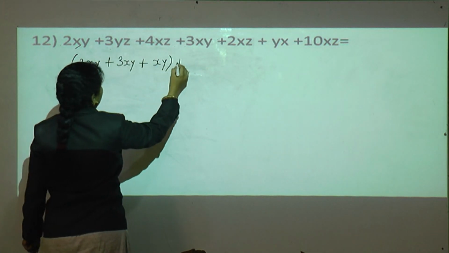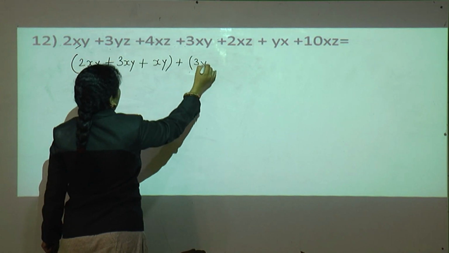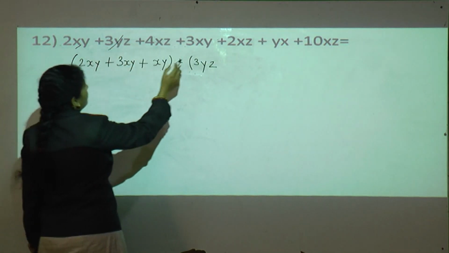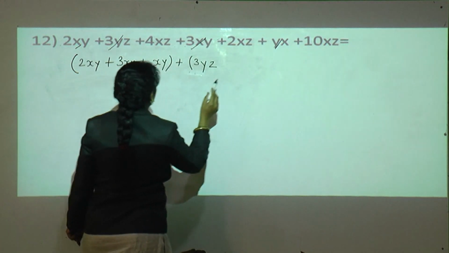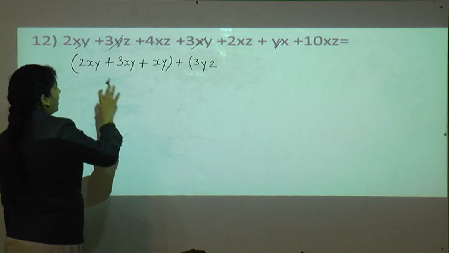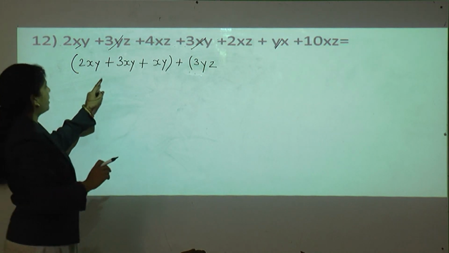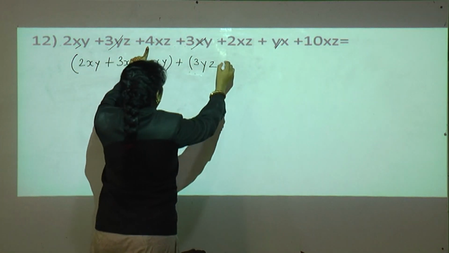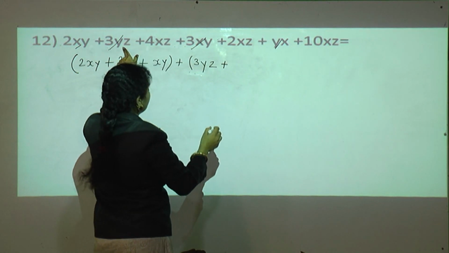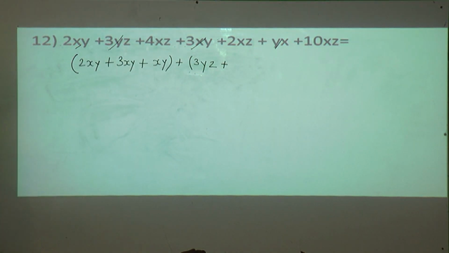Here 3yz. So I have taken this one, that's why I am cancelling it, so that I will not be confused. Now here yz. Is any yz term here? See students, is there any yz? Yes, see carefully. So we will keep as it is.